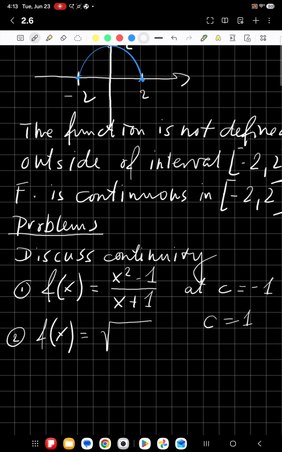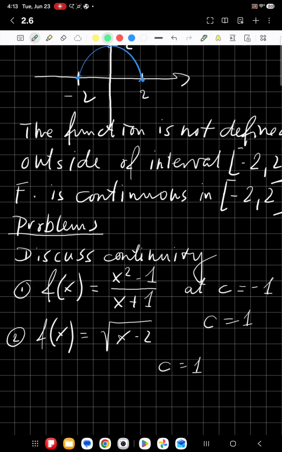So this one is x minus 2, and c equals 1. So figure it out, discuss the discontinuity, show work. You need to show 3 sets of those conditions. Anyway, let me give you the answers.